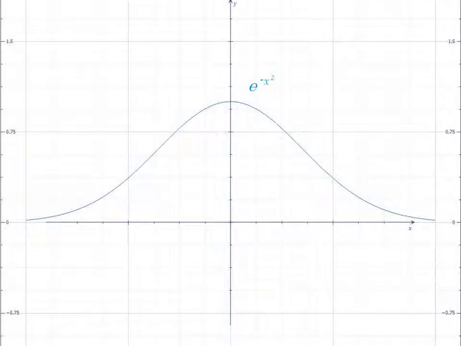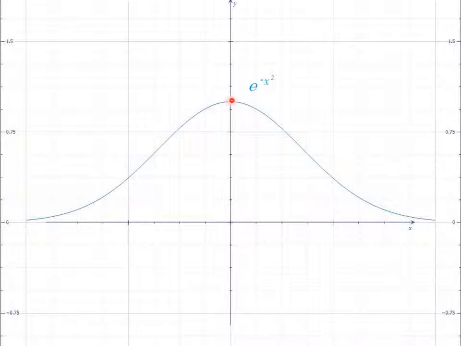Okay, this is a graph of our function e to the negative x squared, and it looks kind of familiar, doesn't it? Matter of fact, that's what it is. It is the bell curve, otherwise known as the normal curve in statistics. And notice that it starts up here at the apex, or the maximum, at y equals 1.